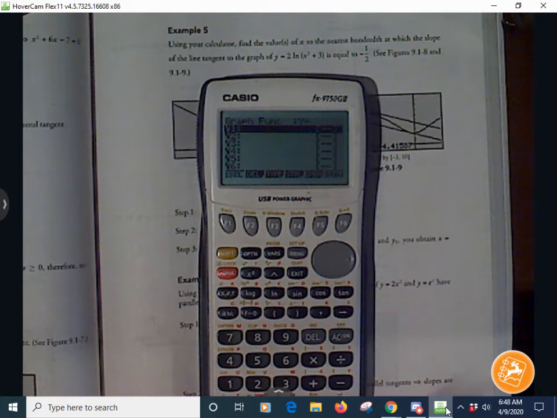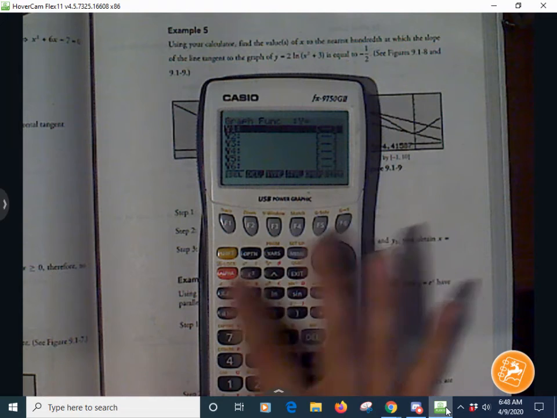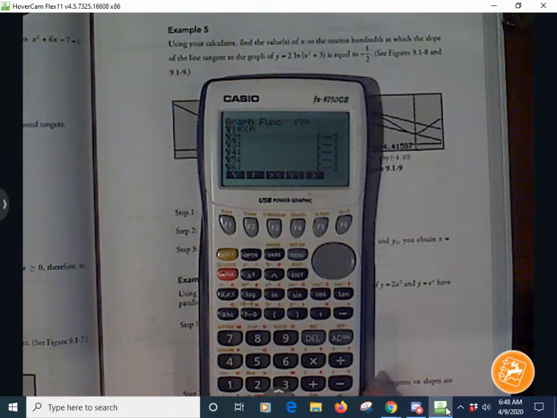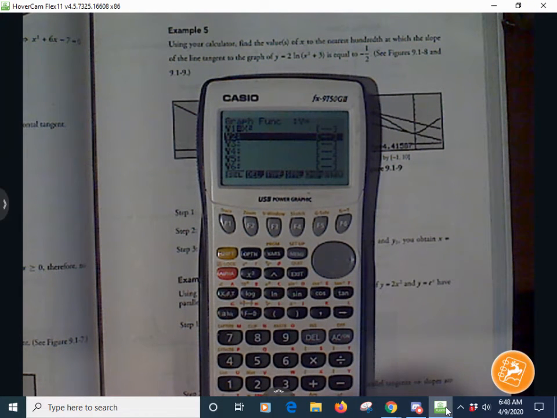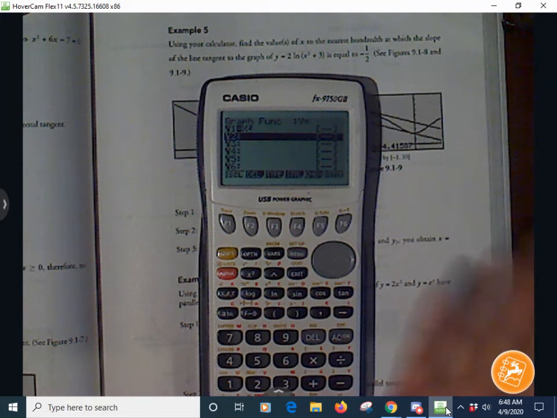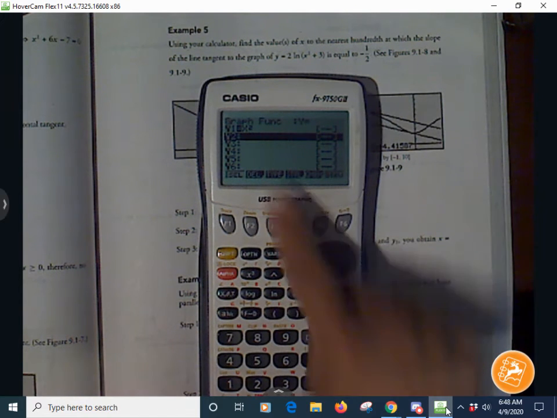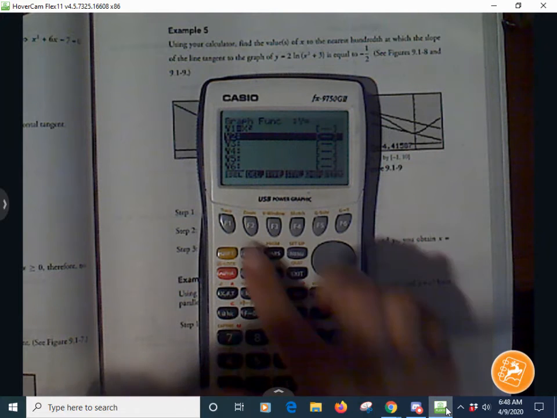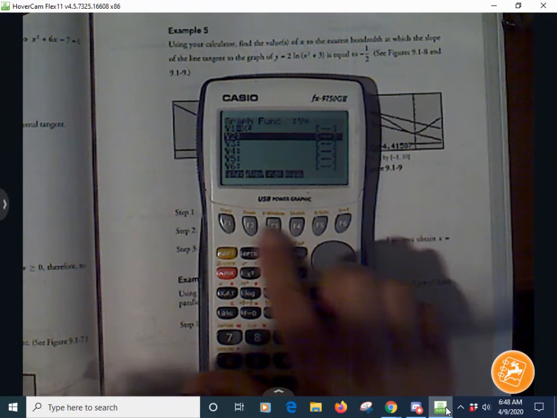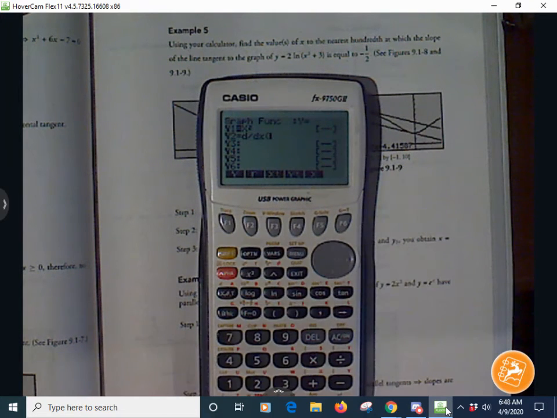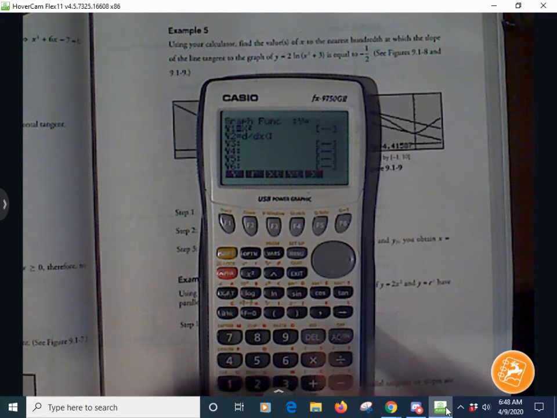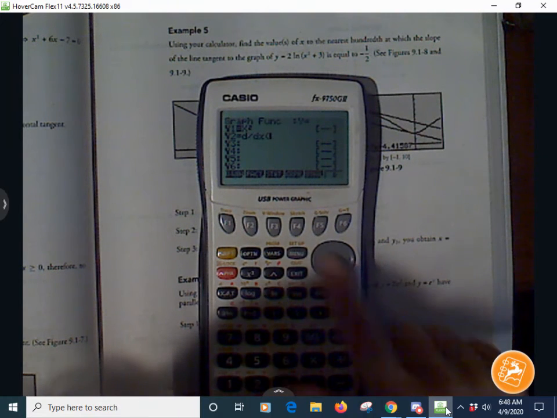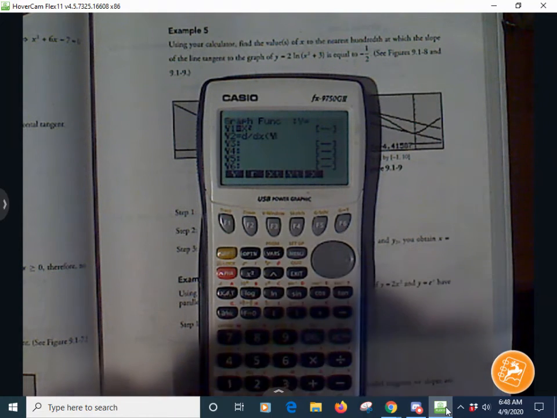Let me start with a more simple function like x squared. Let's say I want to find the derivative of x squared. We know that the derivative of x squared is 2x. So instead of putting in 2x right there, I am going to write the derivative of my y1, using vars, y1.